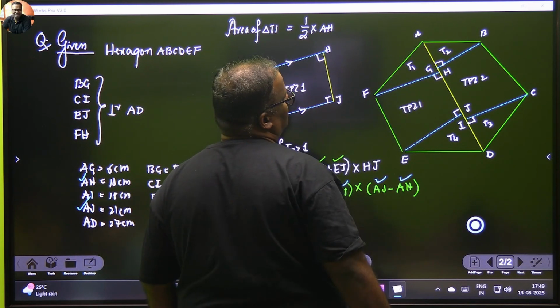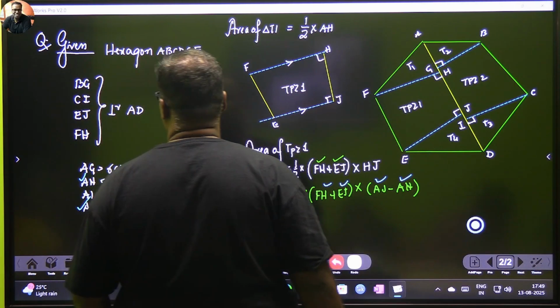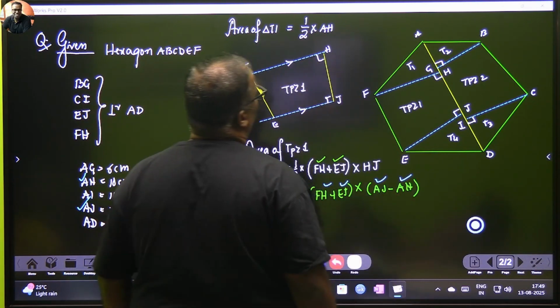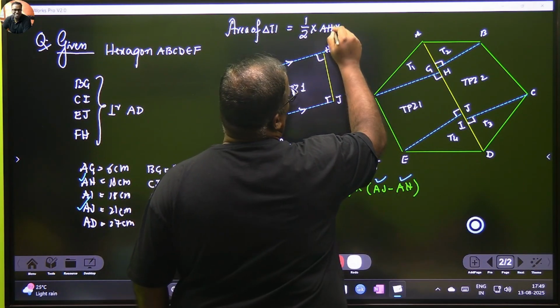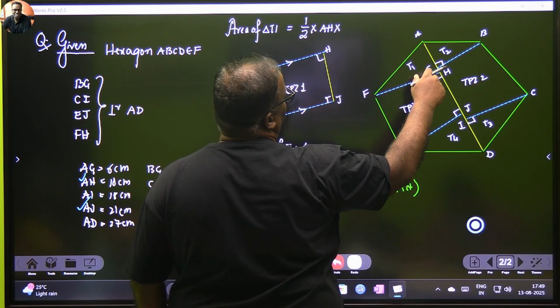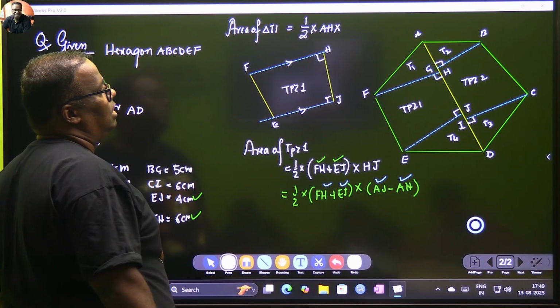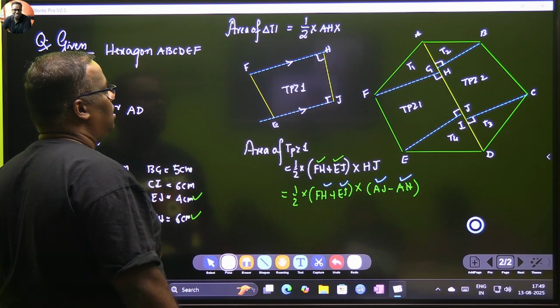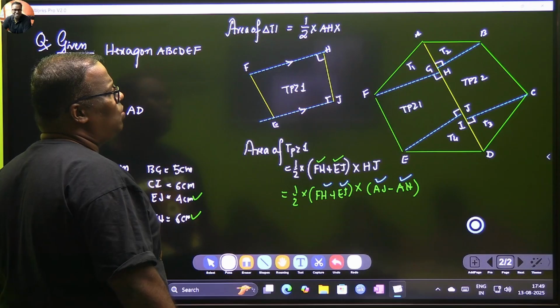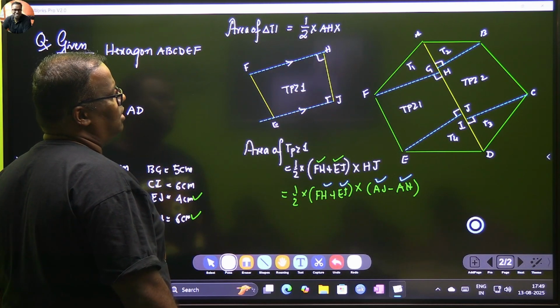But the question is, is FG data given? No, FG data is not given to you. So AH multiplied by how much should it be? Half into base into height. So what is the height here?